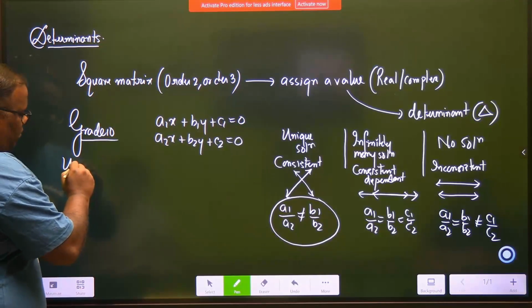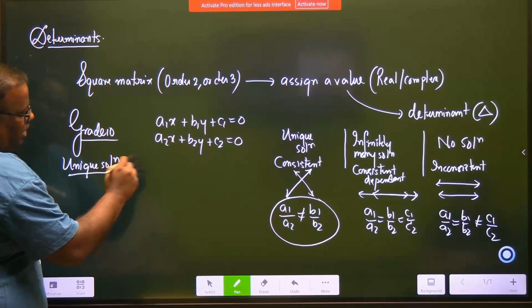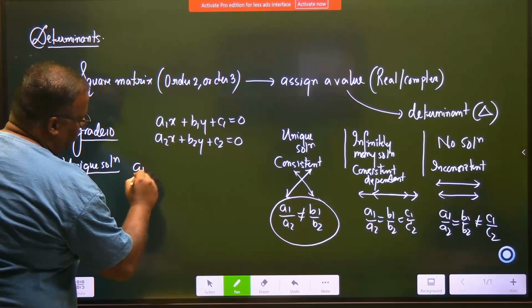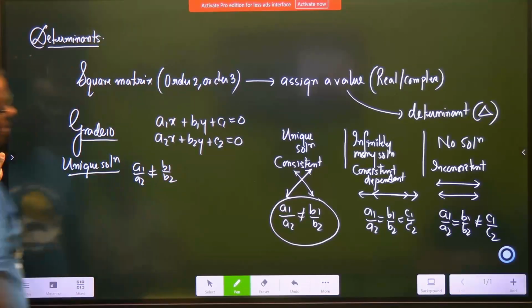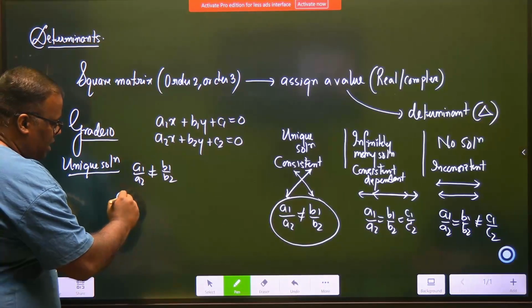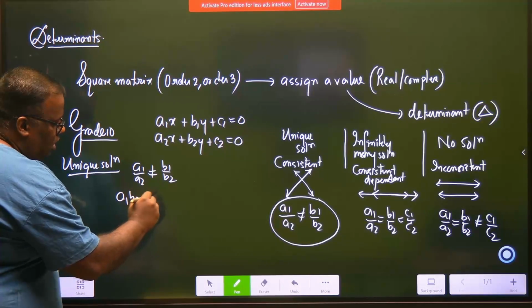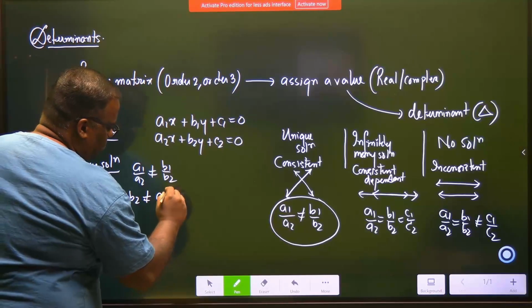If you wanted to have a unique solution, you created the criteria that a1 upon a2 is not equal to b1 upon b2, right? Being an inequality, let me cross multiply. I get a1 b2 is not equal to a2 b1.